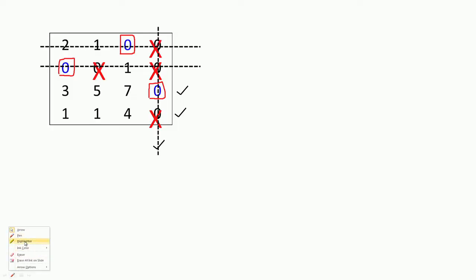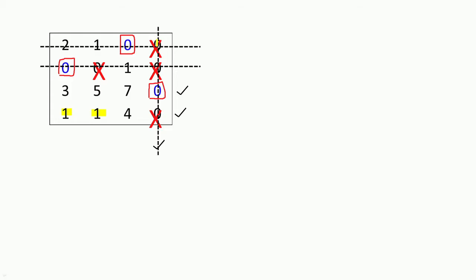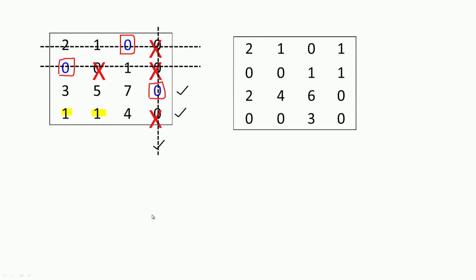The minimum of the uncovered elements is 1, which happens to be here and here. So, theta is 1, and now we redo this matrix by adding theta to the intersection elements, these 2, subtracting theta from the uncovered elements and keeping the rest as they are. So, we do that to get the new matrix.